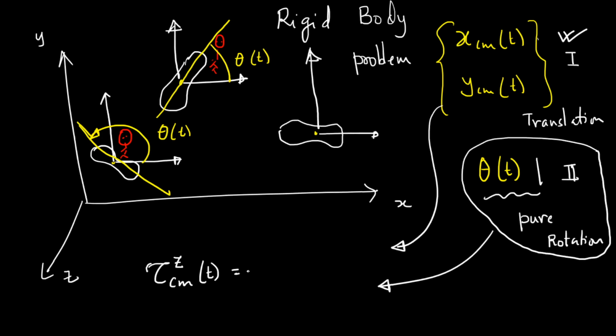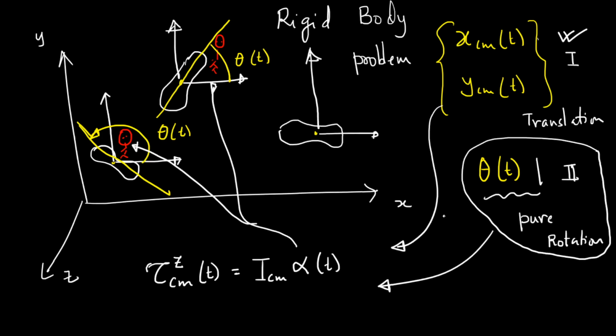will always be equal to ICM, which you can find from any of the tabulated handbooks, times alpha, which is the alpha as seen by this observer, and this, according to Chasles' theorem, gives us any possible translation plus rotation.